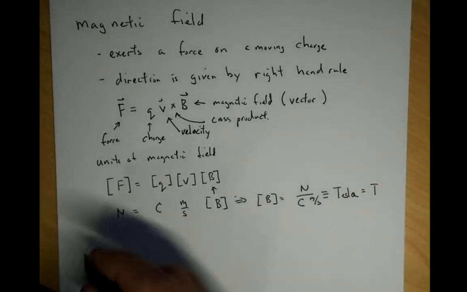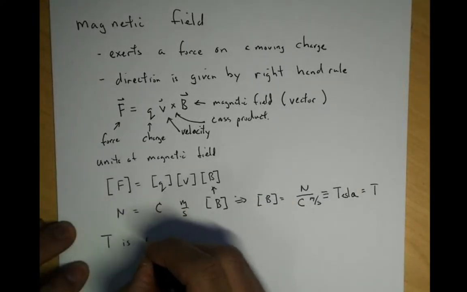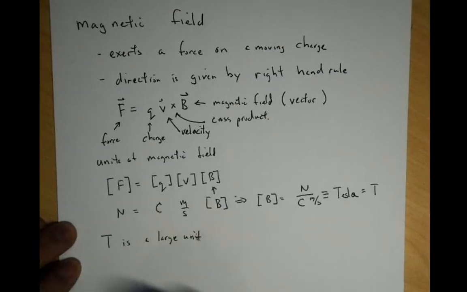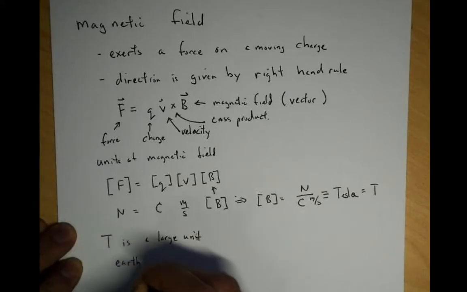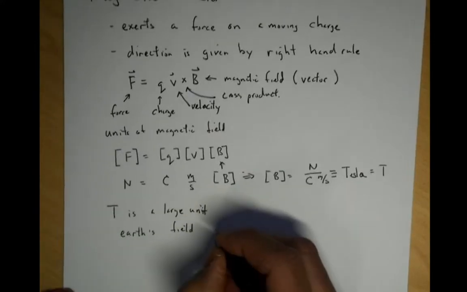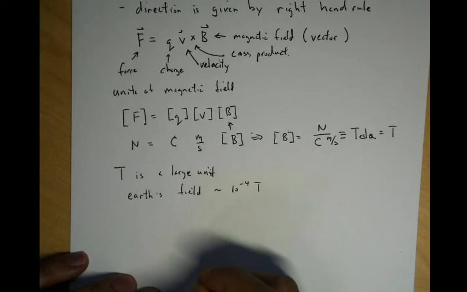Now, part of the issue is that the Tesla is a large unit for most of the things that we try to do on Earth. For instance, the Earth's field is about 10 to the minus 4 Tesla.